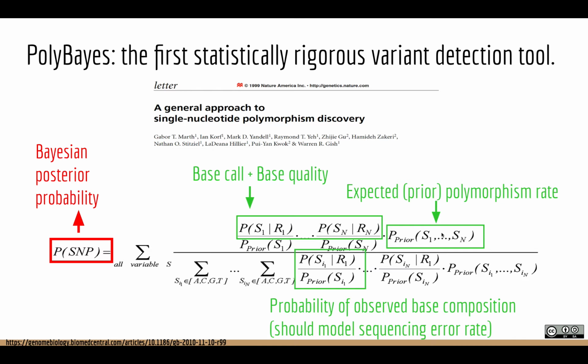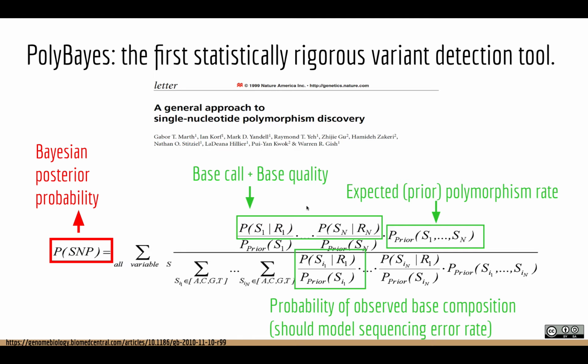This is what we just talked about, that prior probability of the polymorphism rate. And then what it's normalized by, or divided by, is the probability of seeing that same mixture of alleles and base qualities given all the other possible types of SNPs or data distributions that could exist at that site. I know that's a bit abstract, but you really have to say, I see these reads with these base qualities. That's some signal for polymorphism, but what are all the other ways I could see that same mixture of data and it's not a SNP?